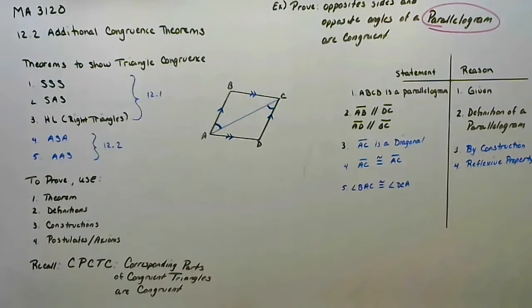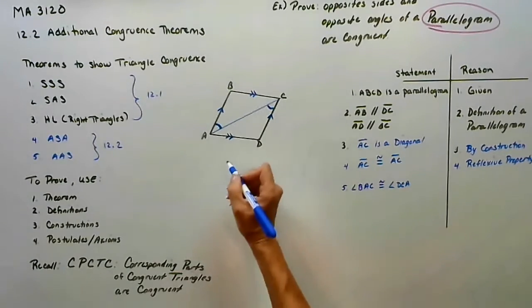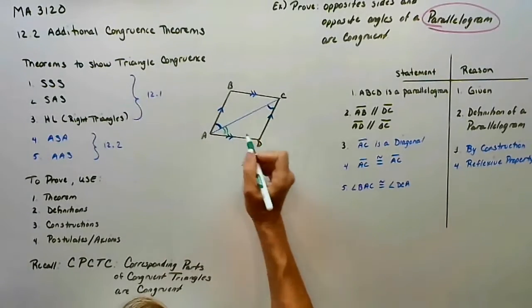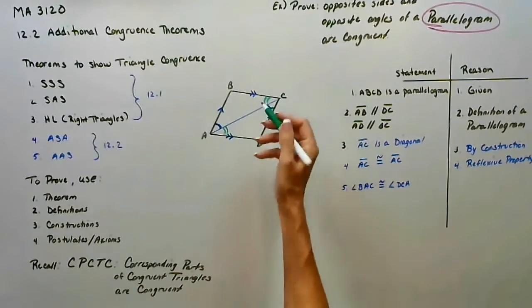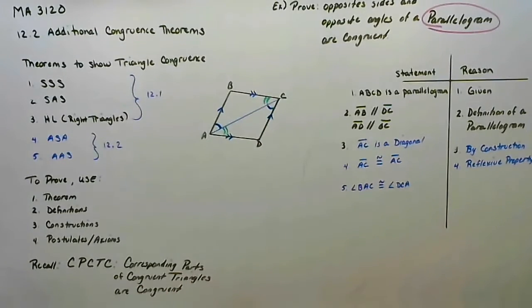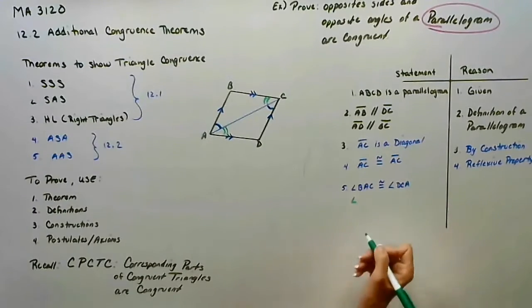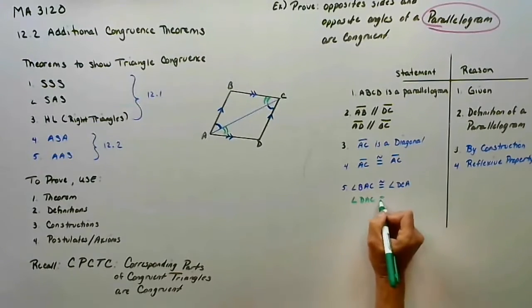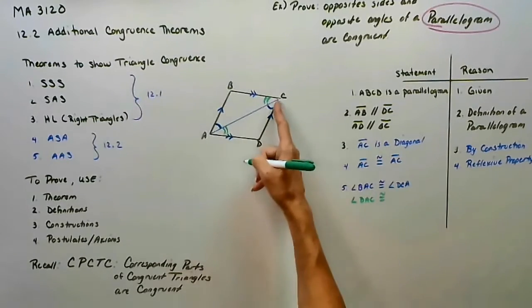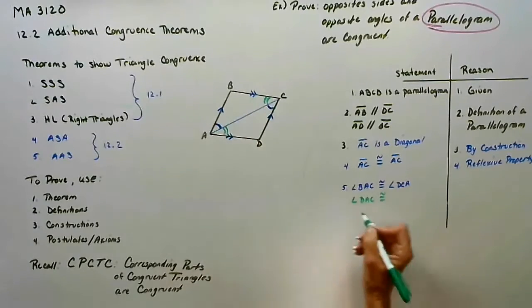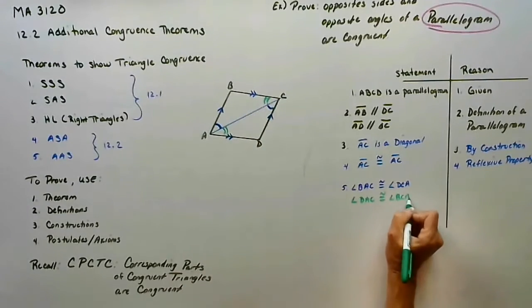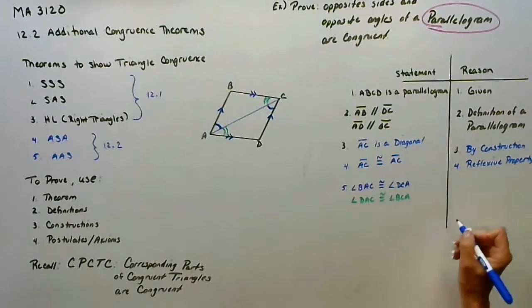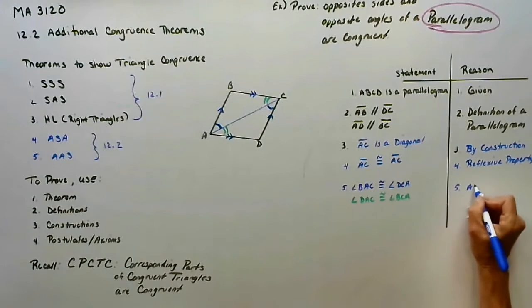By the same argument, I could do the other side. Looking at the other two parallel lines, so I could say angle DAC, D to A to C, would be B to C to A. And both of those are alternate interior angles.